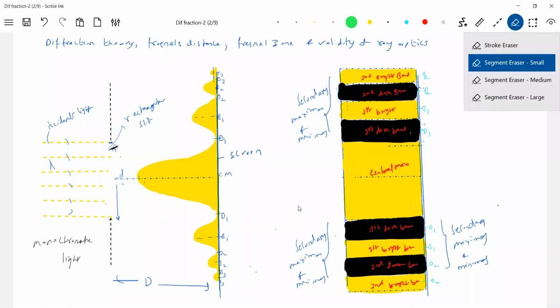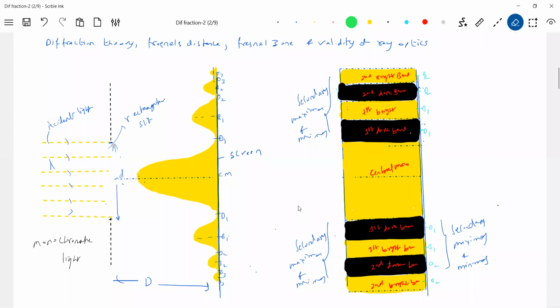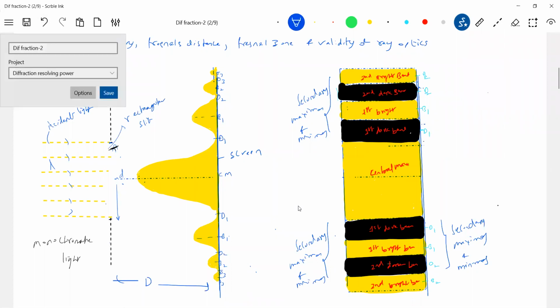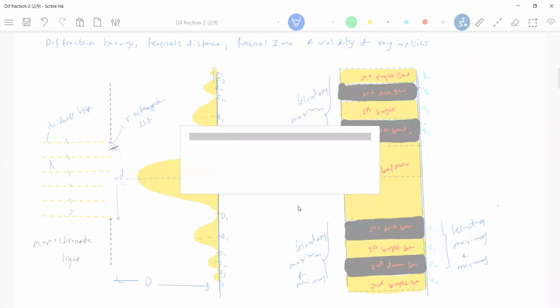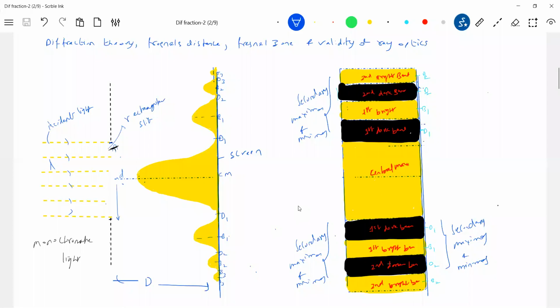It is not working. I think I can't, I'm unable to erase it.